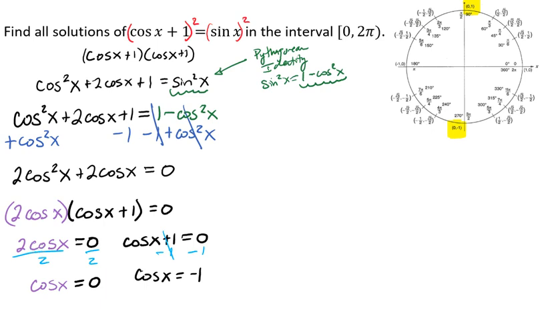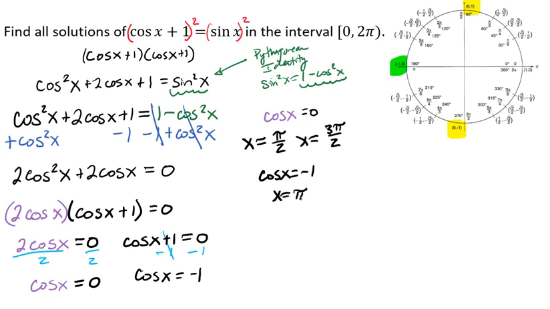And so cosine of x equals 0 tells us that x equals pi over 2 and x equals 3 pi over 2. So what about cosine of x equaling negative 1? Here we want to know where the x value is negative 1, and we see that that occurs here at pi. And so we have x equals pi.